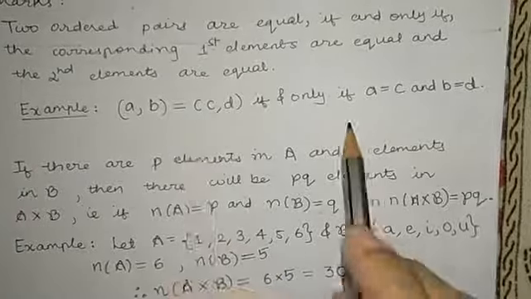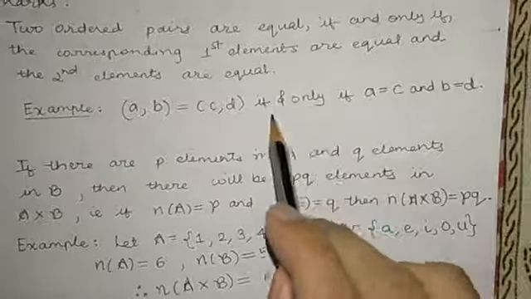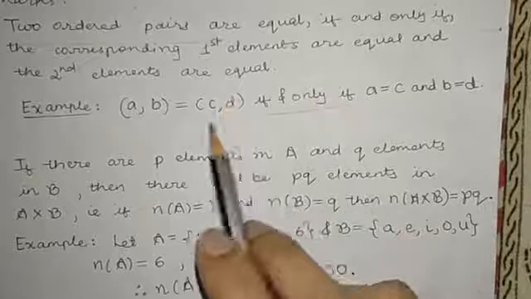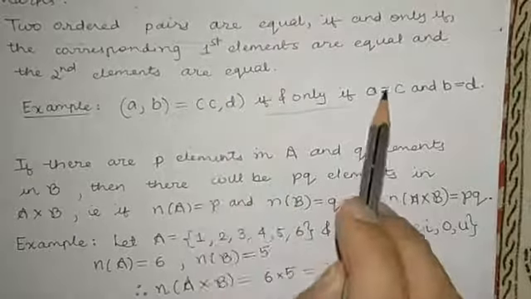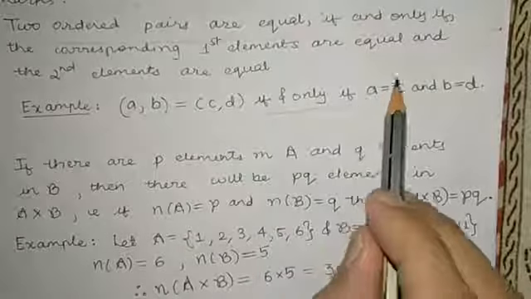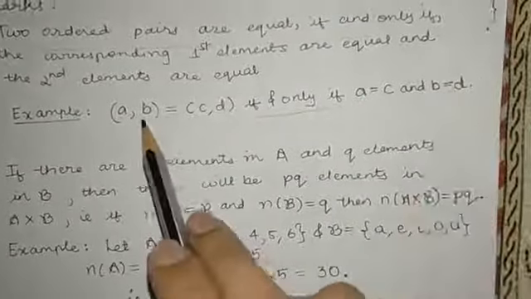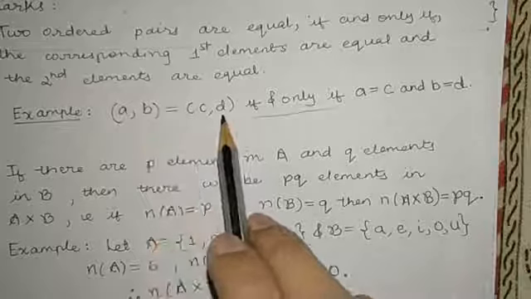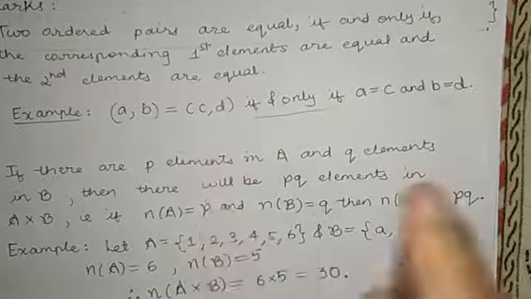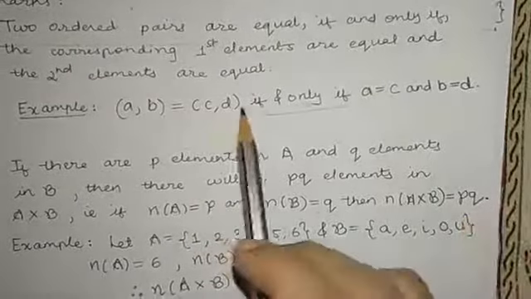What is the meaning of if and only if? Both the implications hold. You can go from here to here and you can also go from here to here, that is A equal to C and B equal to D means (A, B) is equal to (C, D). That is the meaning of if and only if.